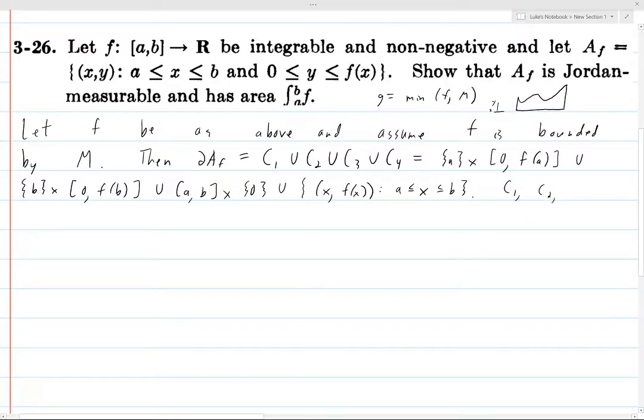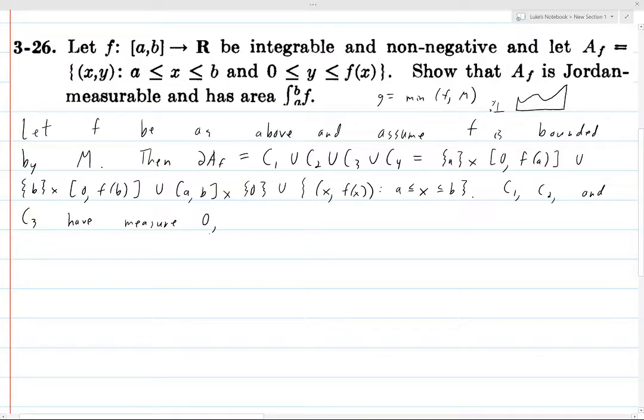C1, C2, and C3 have measure 0. And why is that? That's because C1 is just this a cross 0 to f of a, and you can basically cover it by a rectangle, which is a vertical rectangle, which is as thin as you want.